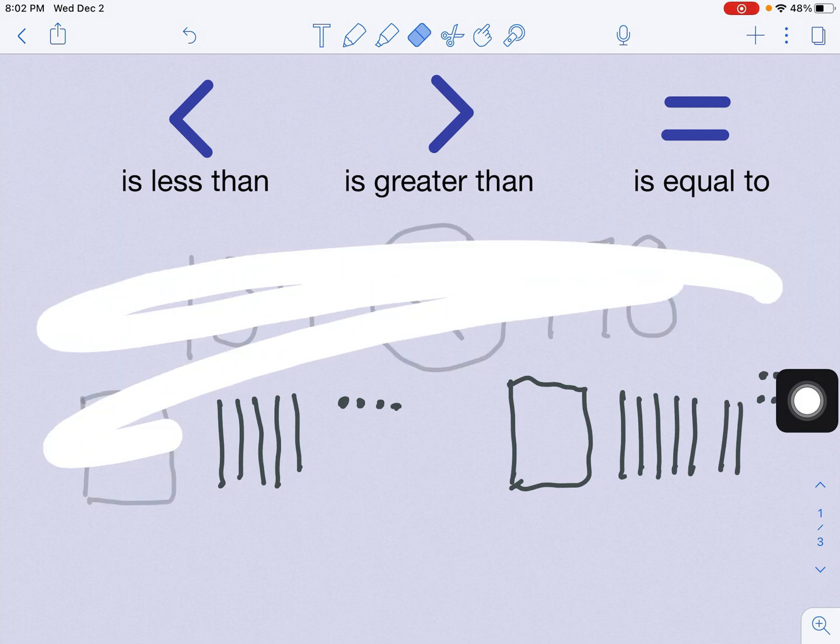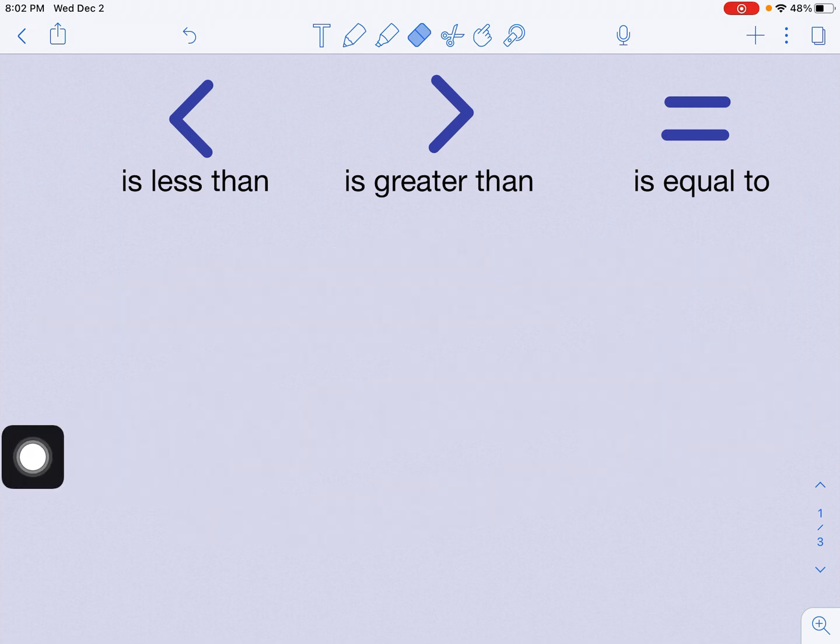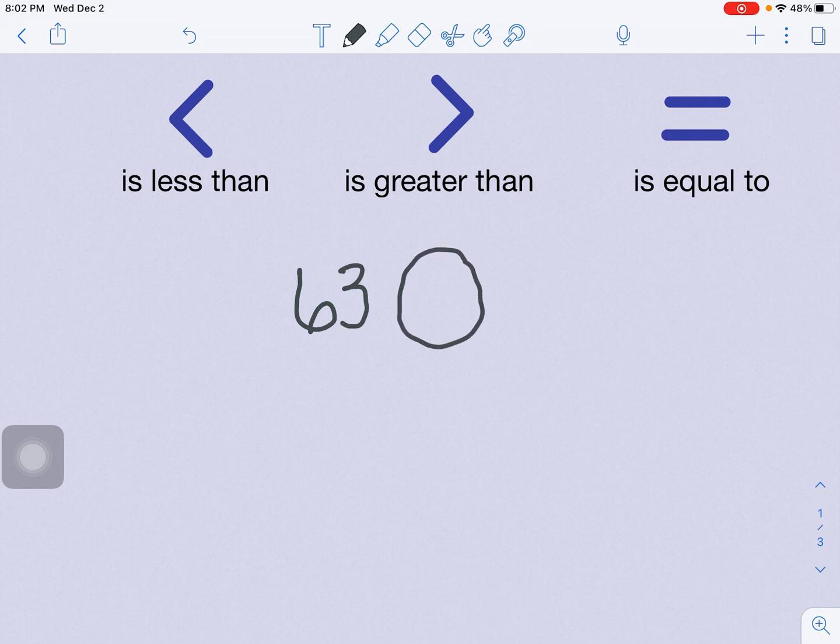All right, let's go ahead and try yet another one. So now we have 63 and 27.